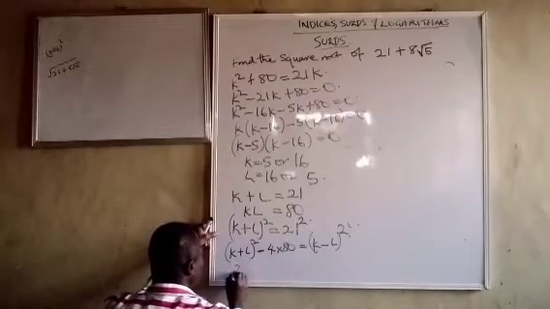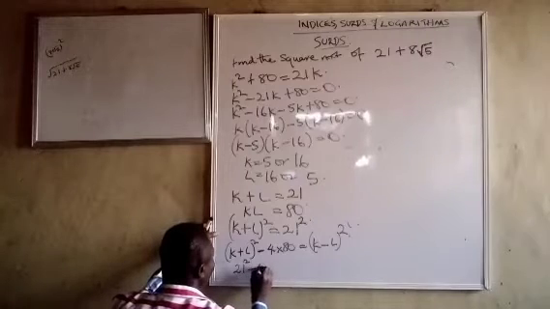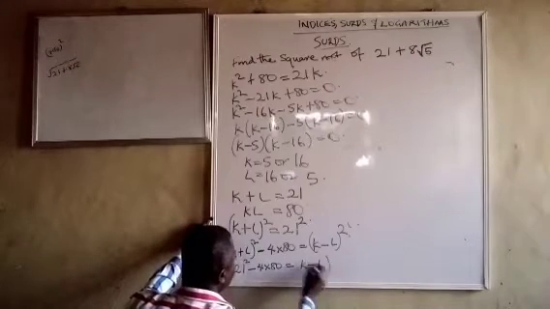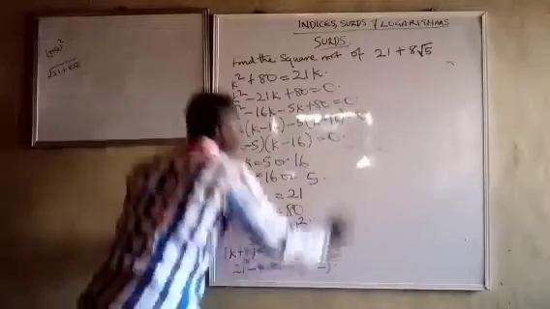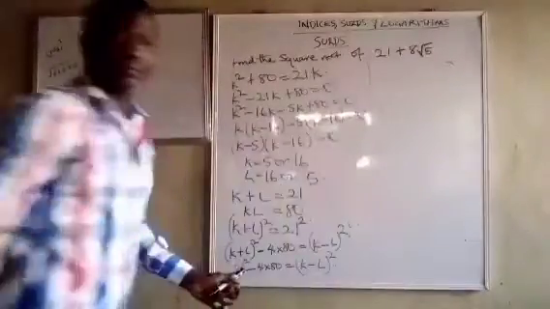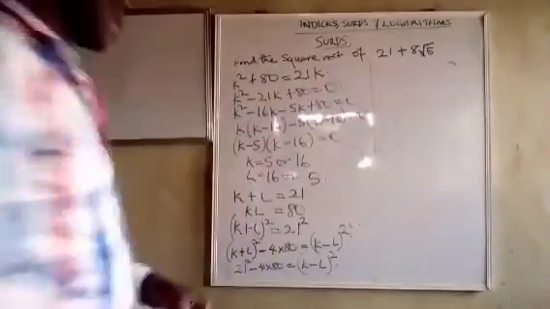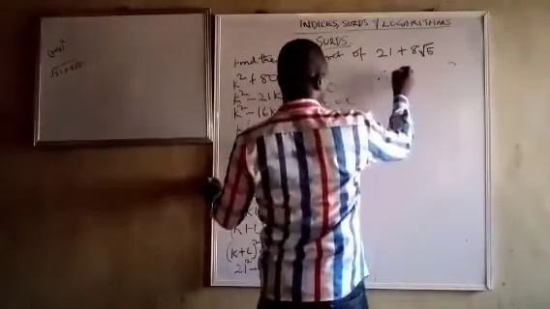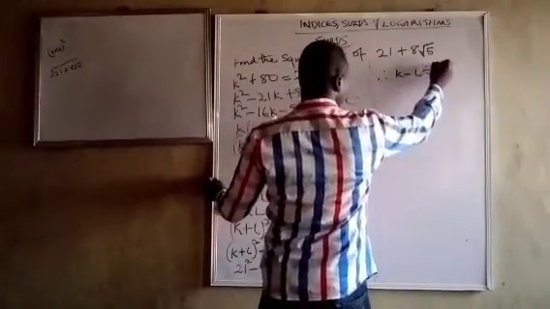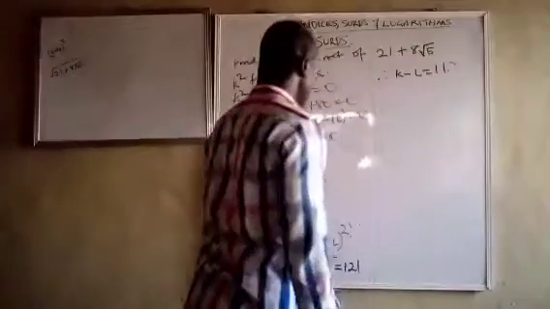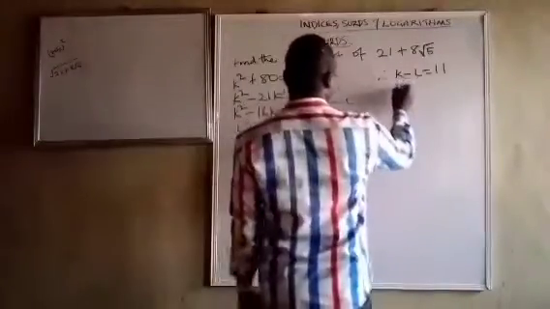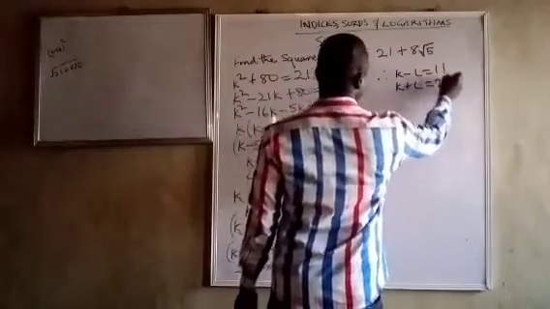So this one is going to be 21 squared minus 4 times 80 is K minus L squared. So we have this one to be equal to 121. Therefore, K minus L is equal to 11. And K plus L is equal to 21.